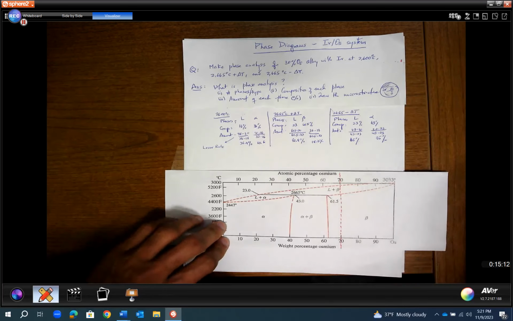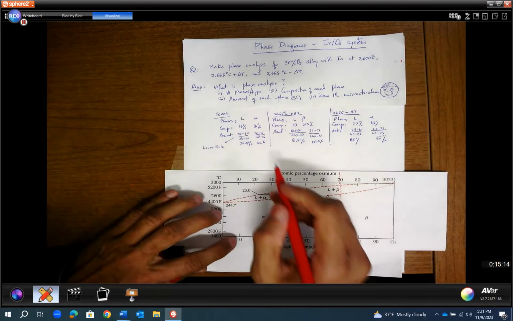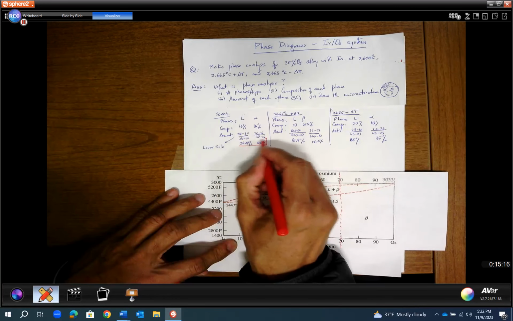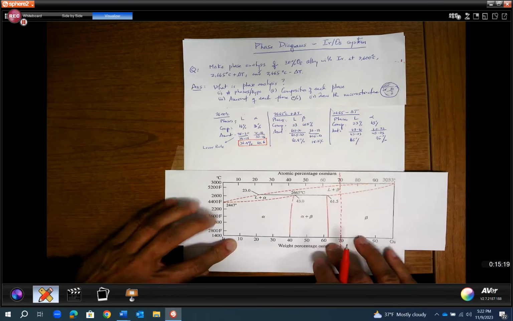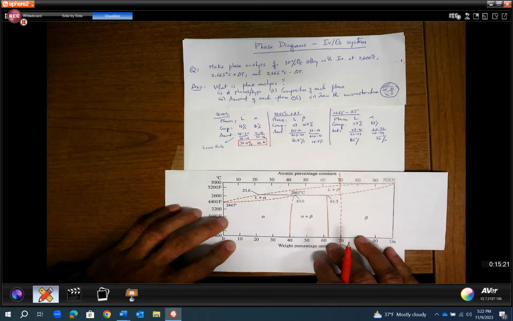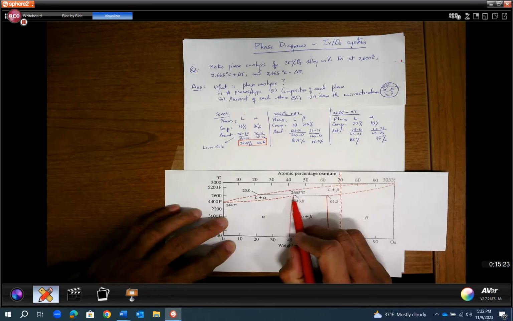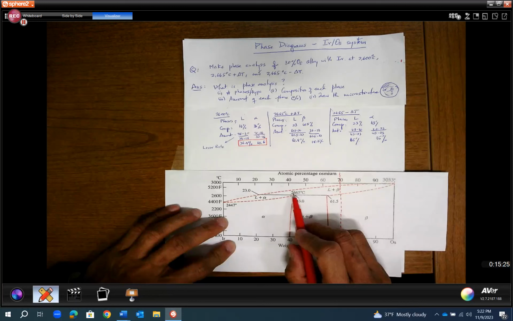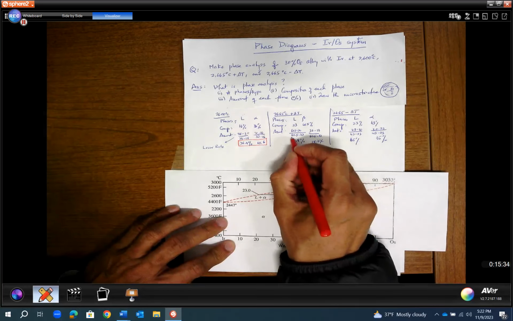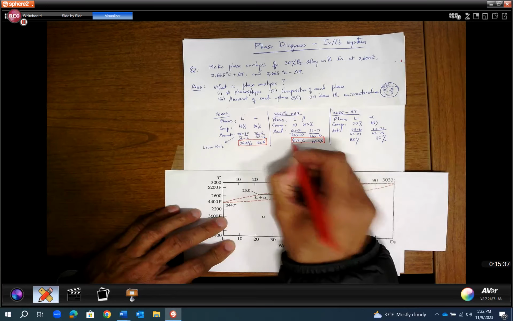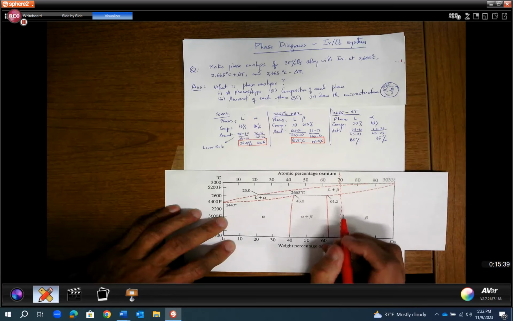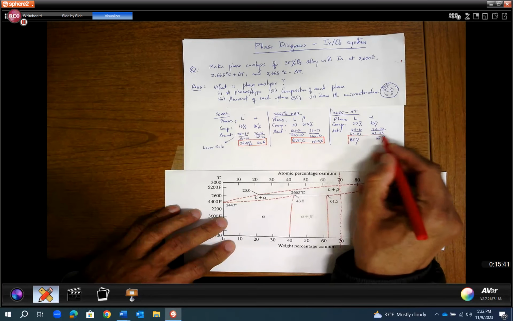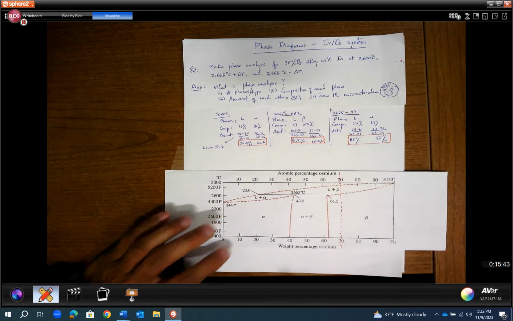And what I wanted to point out is that right at 2600, it's almost 60-40, right? But when you go slightly above the peritectic temperature, which is 2665, it is 80-20, whereas slightly below, it's completely different, 65-35.